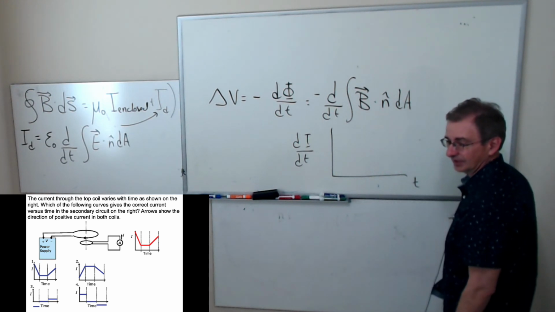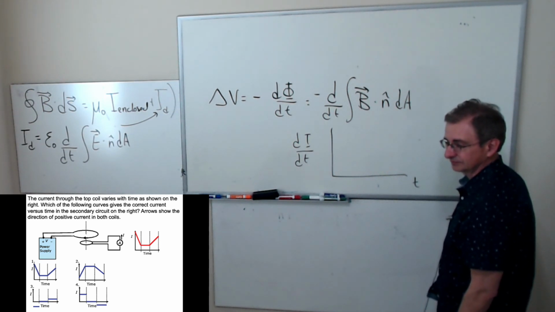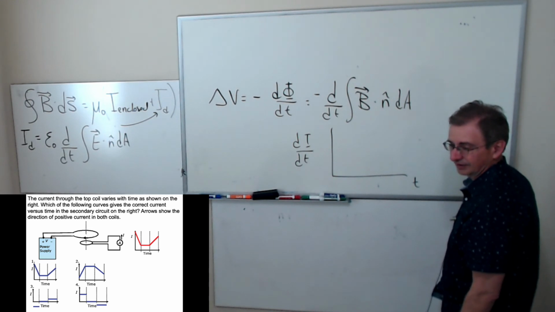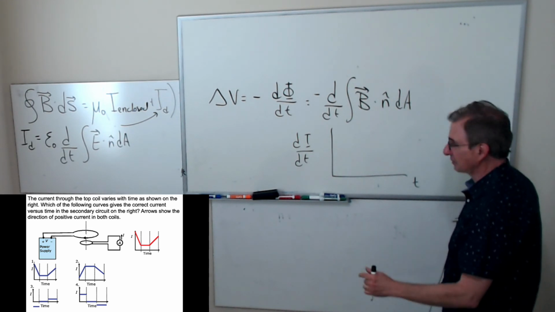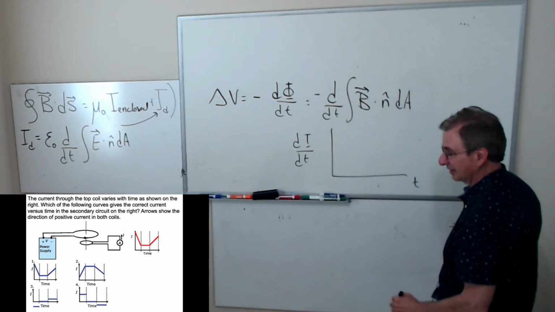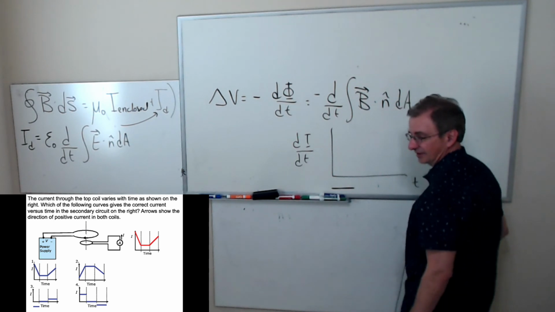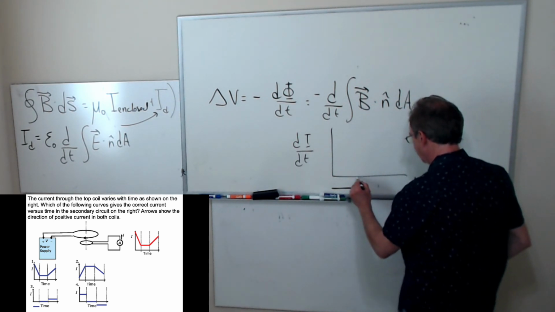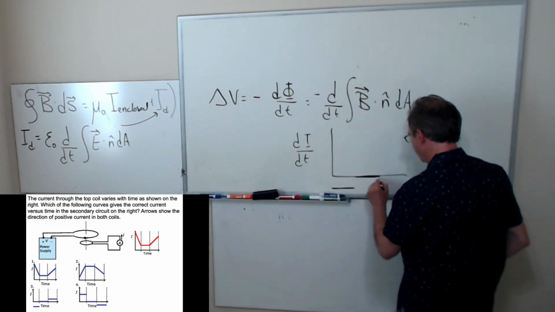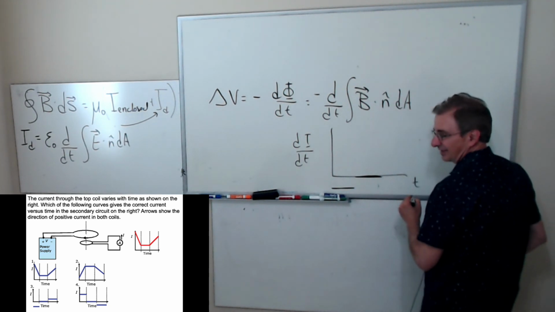What does it look like over the first range? Just negative. Like this? And then 0. And then the other one? Positive.